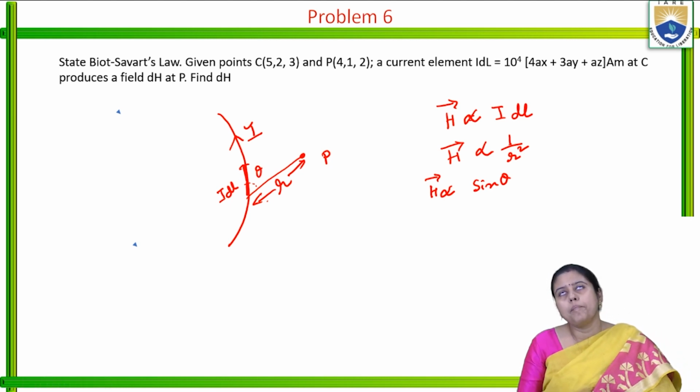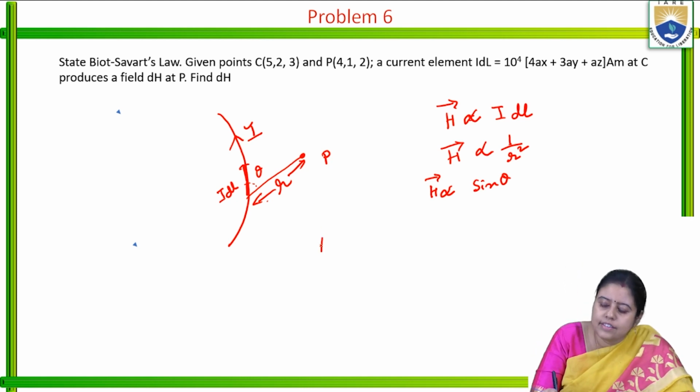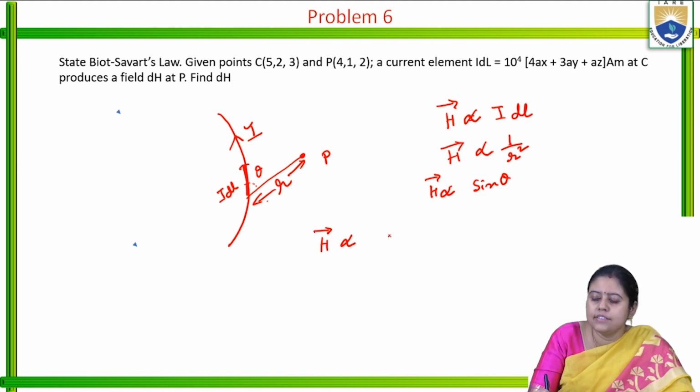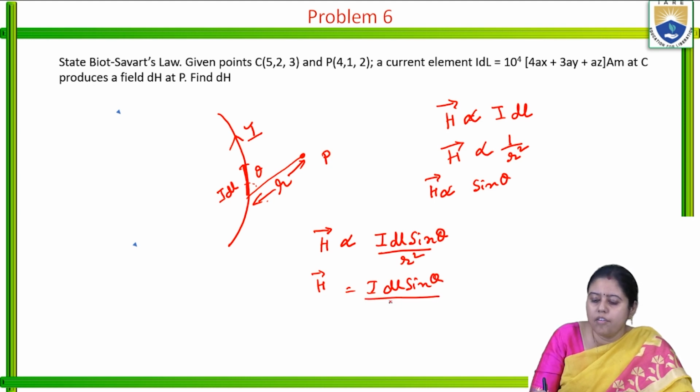If we combine these three relations, H is directly proportional to I dl sine theta by r square. So H is equal to I dl sine theta by 4 pi r square.